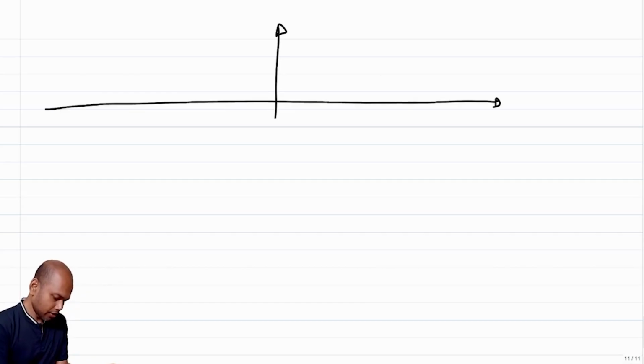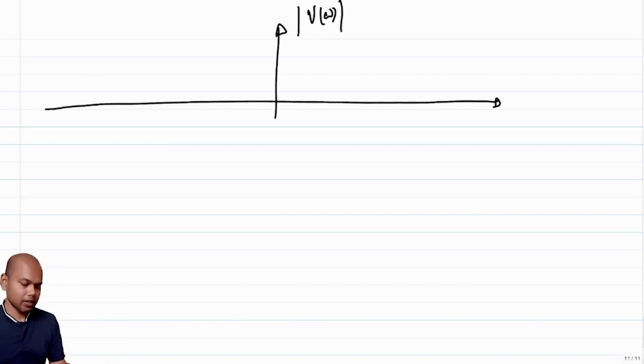So in other words, if I sketch the spectrum of the square wave, or the frequency component of the square wave, again mod of V of omega with respect to omega, I am getting C0.